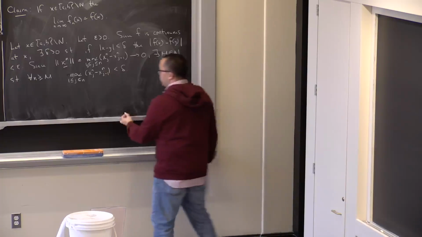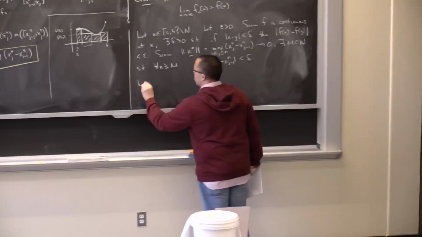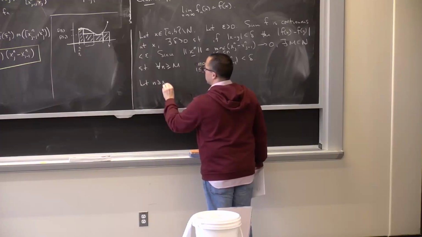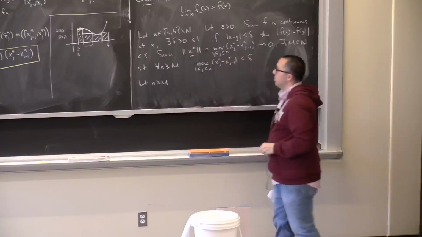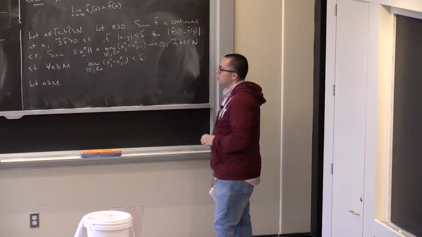So let x be in [a,b] take away the partition points. I claim now that |f_n(x) - f(x)| is less than epsilon. Okay?